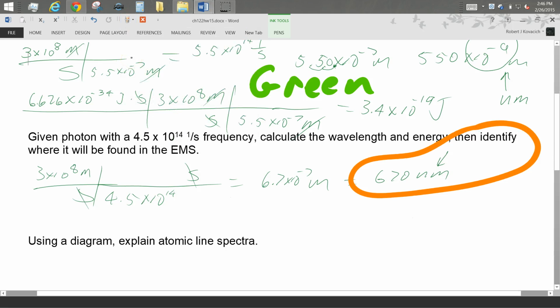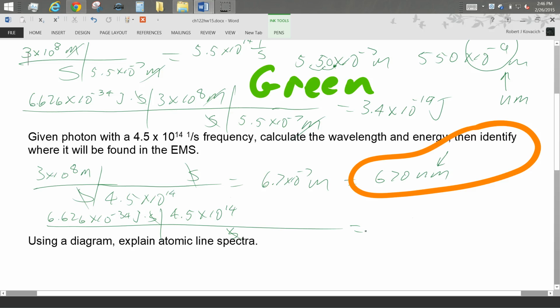So calculating the energy is a little easier this time. It's just 6.626 times 10 to the negative 34th joules times seconds. And then we'll take our 4.5 times 10 to the 14th, and the seconds is in the denominator, and then that'll cancel my seconds unit out.